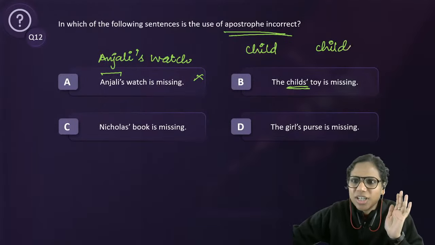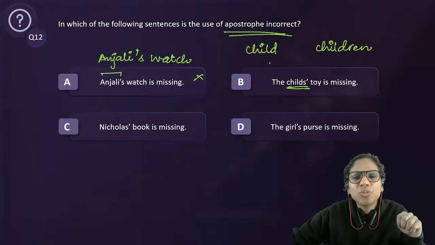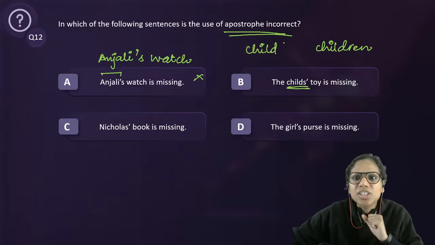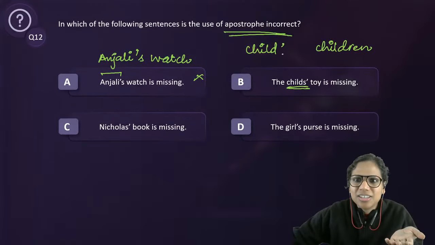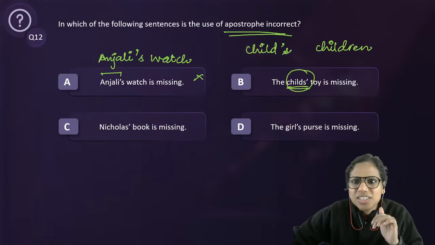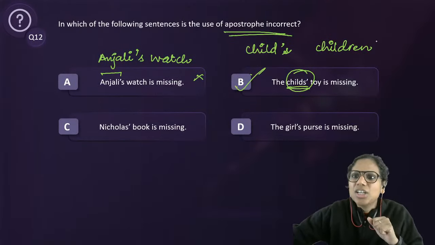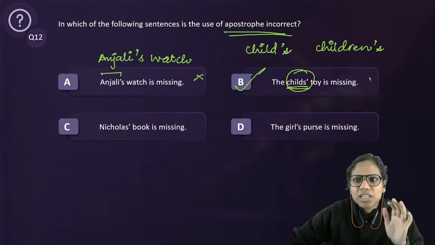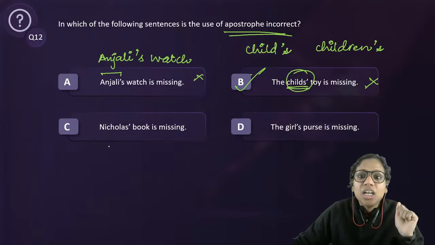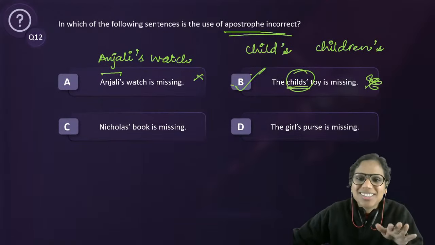Children is the plural noun. So, how do we put apostrophes here? Child ka toy, right? Child apostrophe S, not S apostrophe. So this is incorrect. This is the answer.